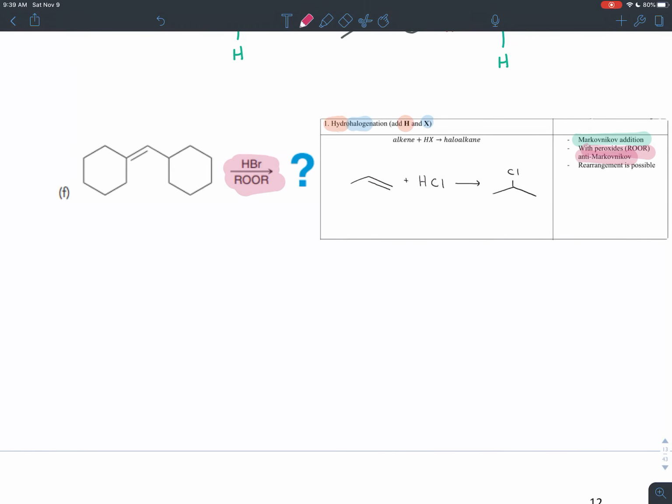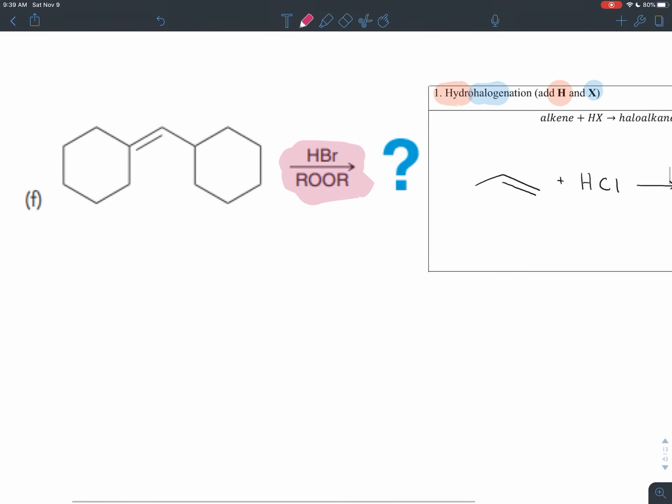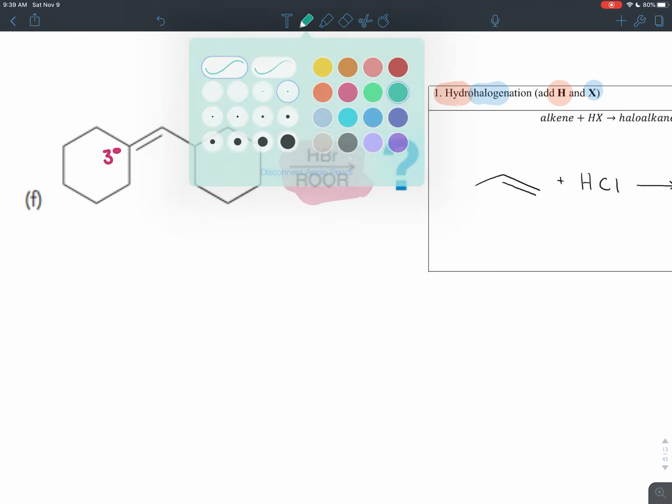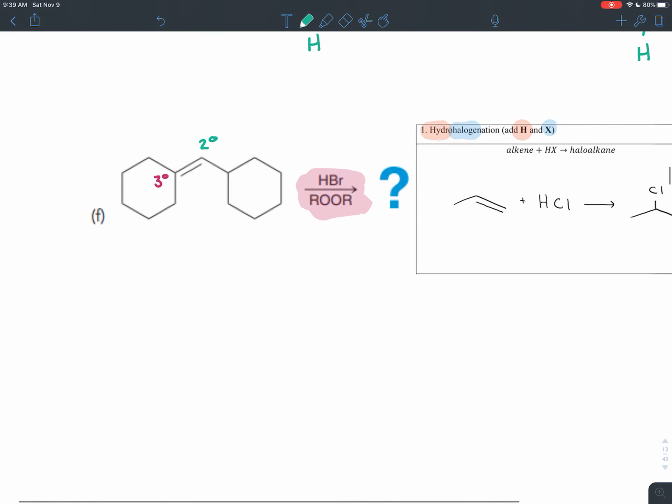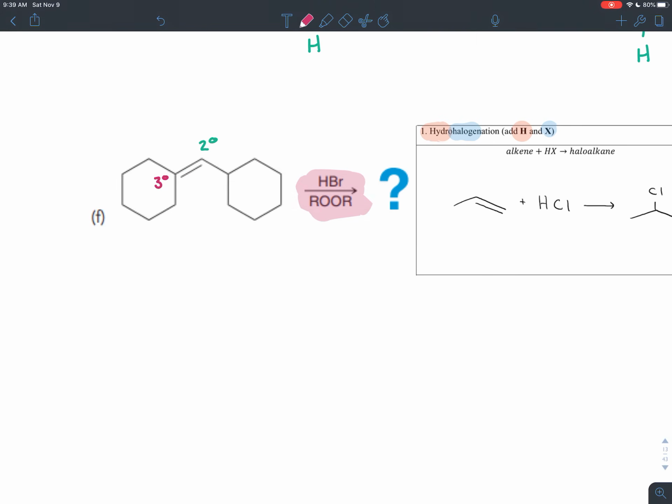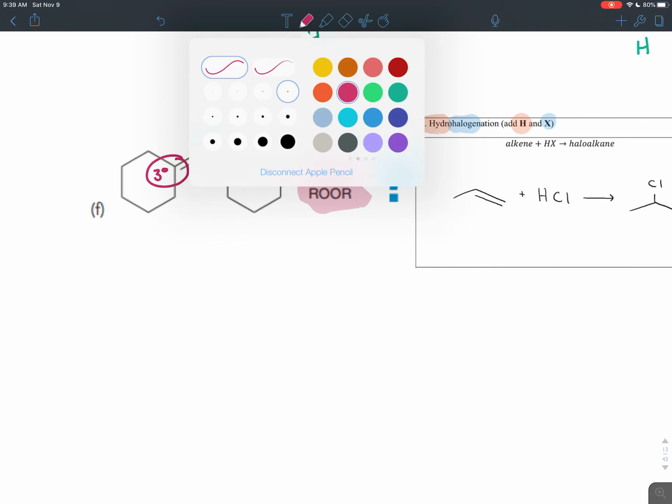Anti-Markovnikov means that the hydrogen goes to the more substituted carbon. Well, if we think about these 2 carbons in this double bond, the carbon on the left is bonded to 1, 2, 3 carbons, so it is tertiary. The carbon on the right is bonded to 1, 2 other carbons, so it is secondary. Well, because we're doing anti-Markovnikov addition, the hydrogen will go to the more substituted tertiary carbon.